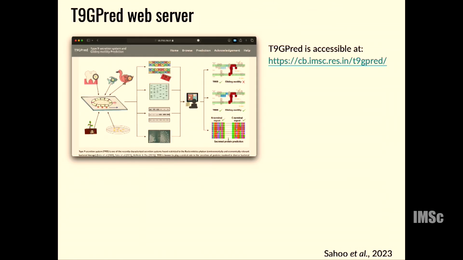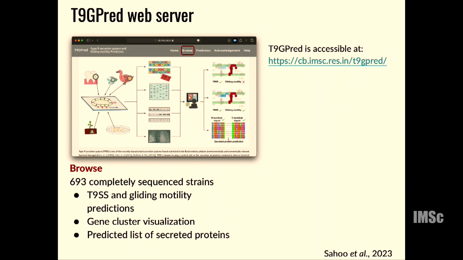And finally, we have made this web server, available at this URL, and it has a browse section where one can browse the predictions and details for 693 completely sequenced bacteroidetes.